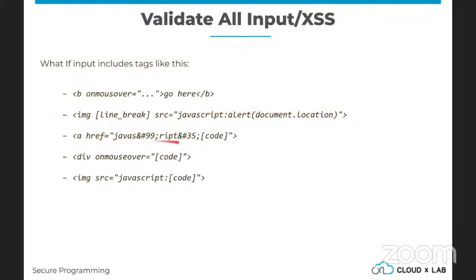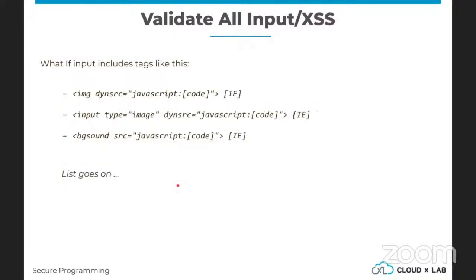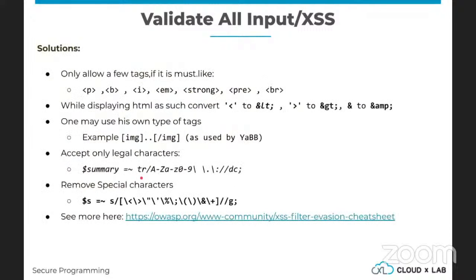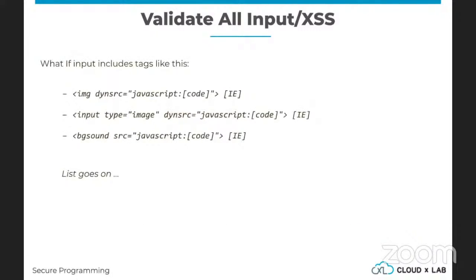In href you can put JavaScript. In mouse over you can put it, and in image also you can put the JavaScript. Similarly, there are other places where there could be JavaScript, and the list keeps going on. There are so many places in HTML where you can put the JavaScript.